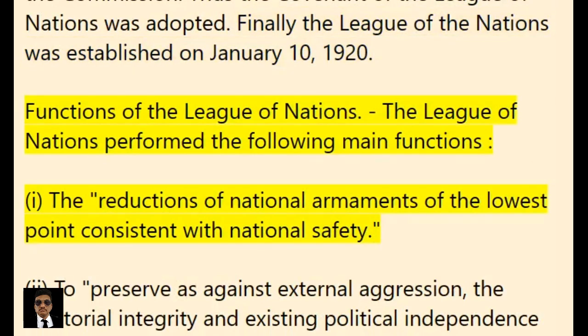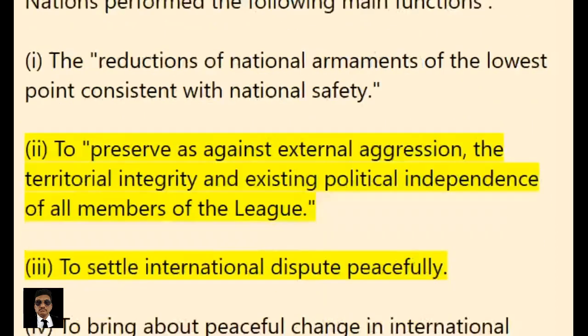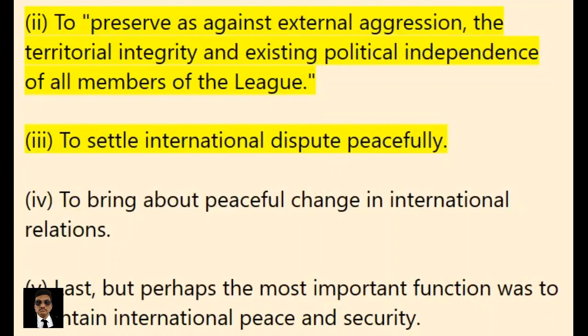Functions of the League of Nations. The League of Nations performed the following main functions. 1. The reduction of national armaments to the lowest point consistent with national safety. 2. To preserve, as against external aggression, the territorial integrity and existing political independence of all members of the League. 3.